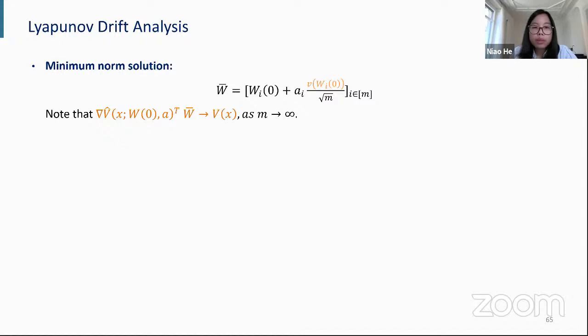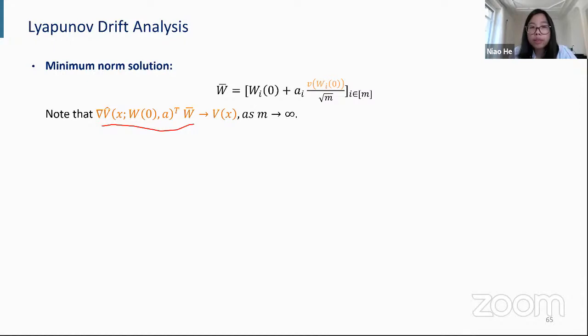We define this W bar, and then you can immediately show that by definition, if you look at the gradient of V hat times W bar, this will converge to the true value function as m goes to infinity.